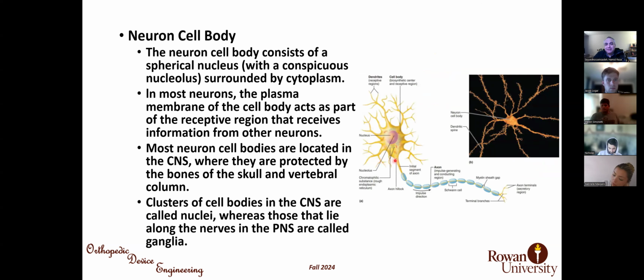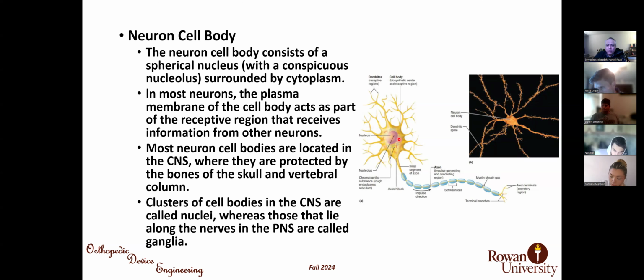Each neuron has a cell body like any other cell. All the organelles we discussed before are present in the cell body. All cell bodies of neurons in our nervous system are located in the central nervous system. We don't have any cell body in our peripheral nervous system, with few exceptions.